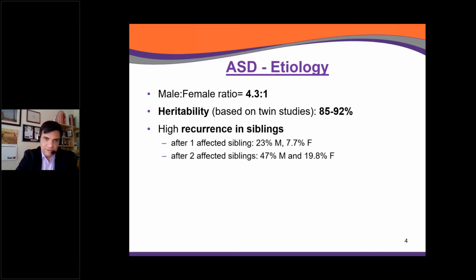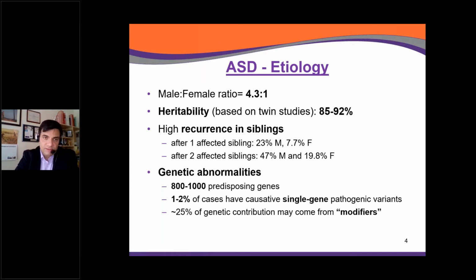There is also high recurrence in siblings, and as you can see, not only it increases with the number of siblings, but it is also influenced by the gender, with higher chances in case you have a male offspring. So all these epidemiological features point towards a strong genetic component of autism.